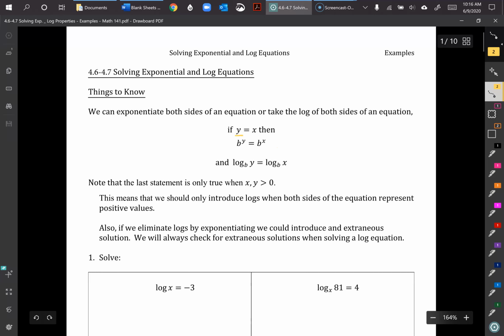So if you have equivalent exponents, if y equals x, then b to the y equals b to the x. So you can raise to a power or make something have a base as long as it's the same base. Same thing here, you can take the log of both sides: log base b of y equals log base b of x.